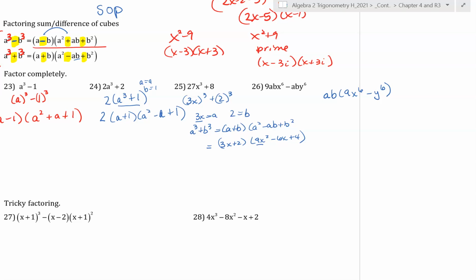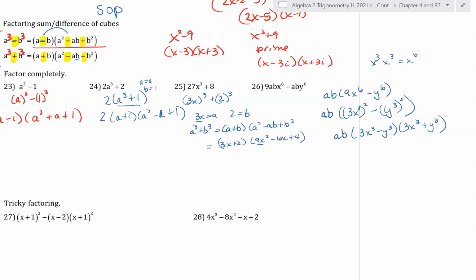However, for this one, since 6 would work for cubes or squares, right? Because x to the third times x to the third is x to the 6, because you add the exponents when you multiply. And 9 is a perfect square. So this one is not the sum or difference of two perfect cubes. It would be the sum or difference of two perfect squares. You could think of 3x to the third squared and y to the third squared. So pause the video and factor as a difference of two perfect squares.